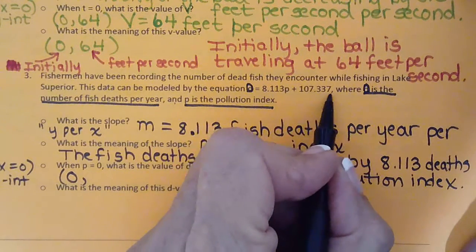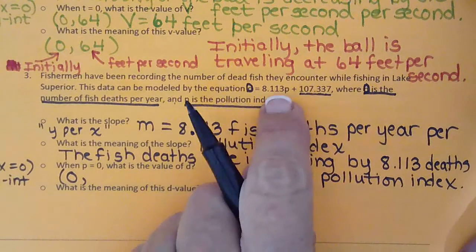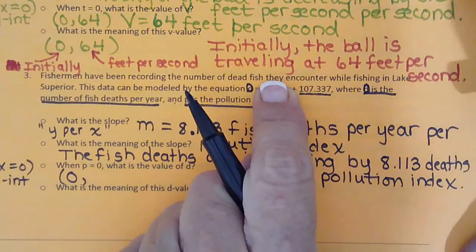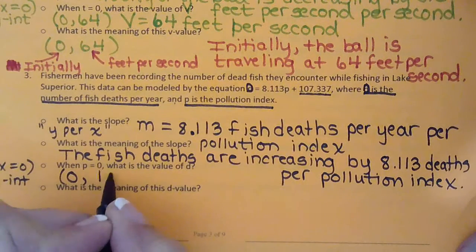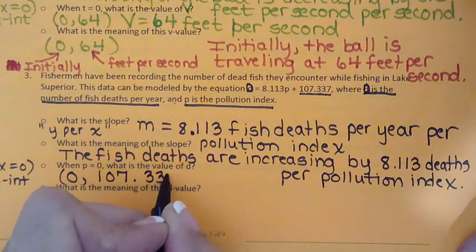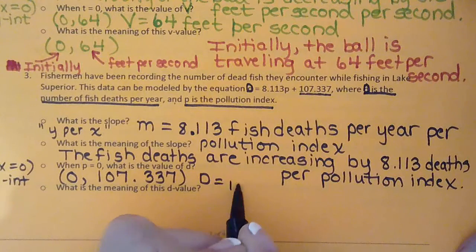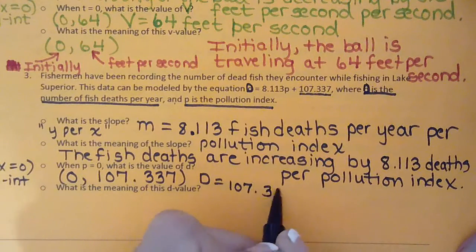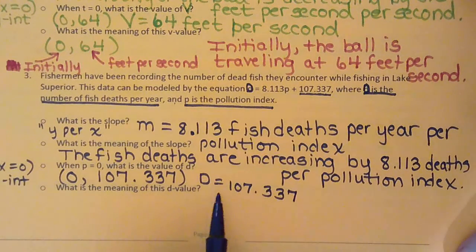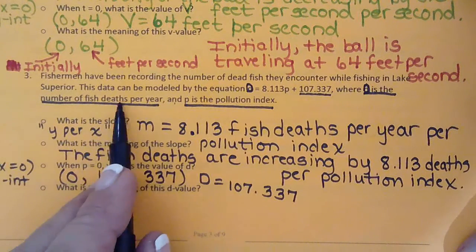You should just be able to go straight there and go, oh, that's the y-intercept, because when I put 0 in there, that term goes away. So it's 107.337. So that means D is 107.337. And what's the label on D? Deaths, fish deaths per year.